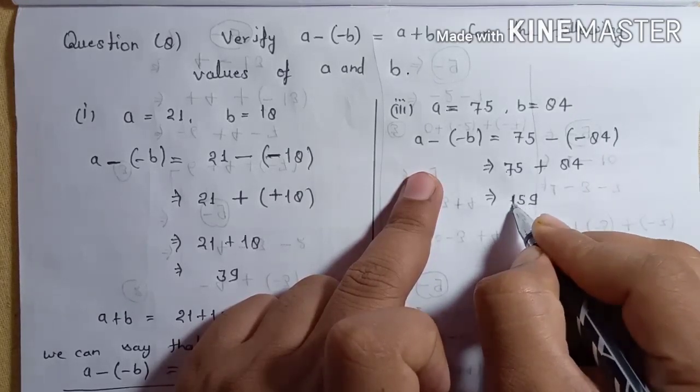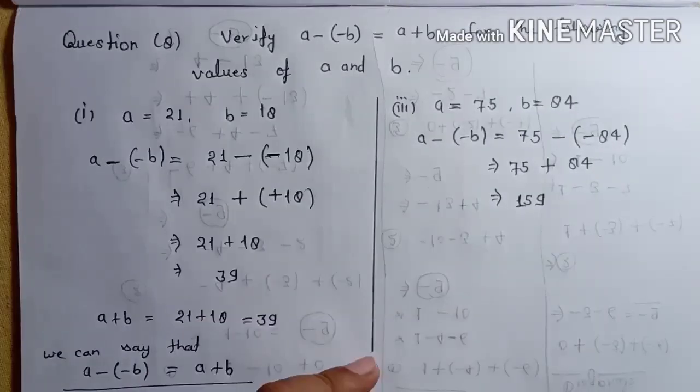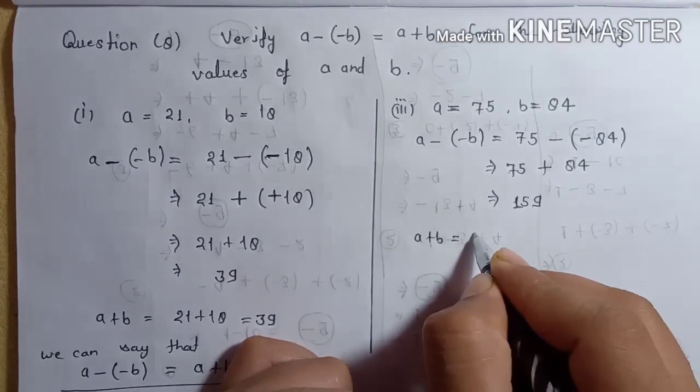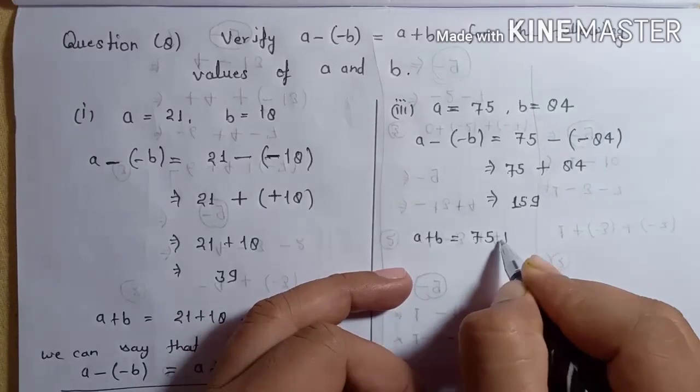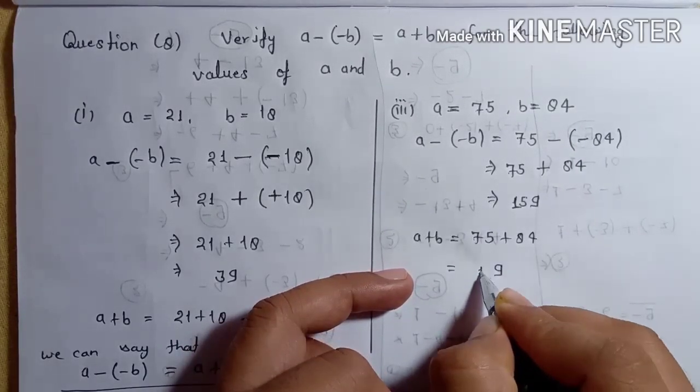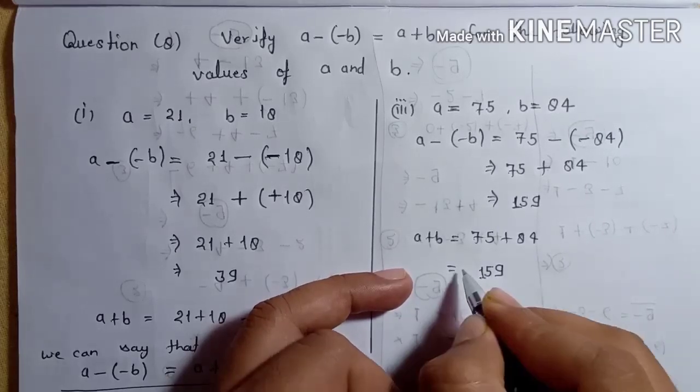If we add both integers, a plus b is equal to 75 plus 84, again the result is 159.